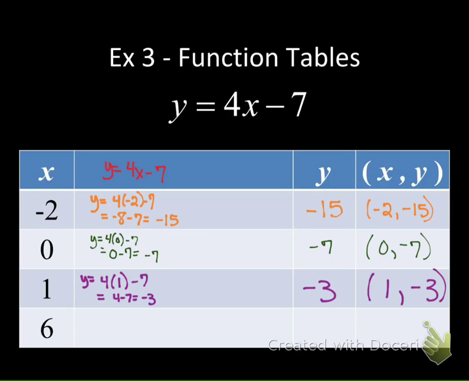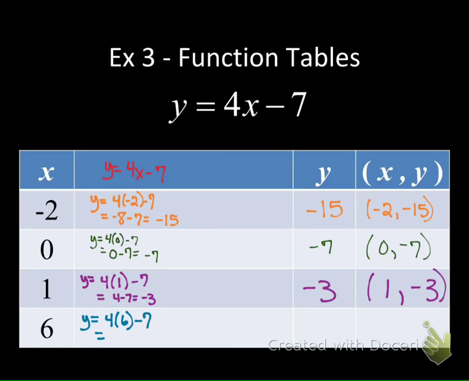Perfect. All right, last one. Who do you guys want to hear solve this one? Jaden? All right, here we go. What's my input for x this time, Jaden? 4 times 6, then minus 7. Okay.